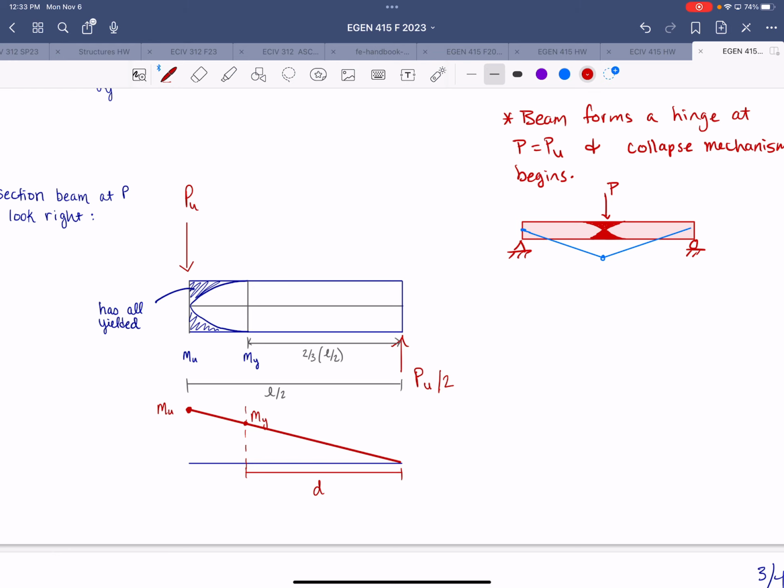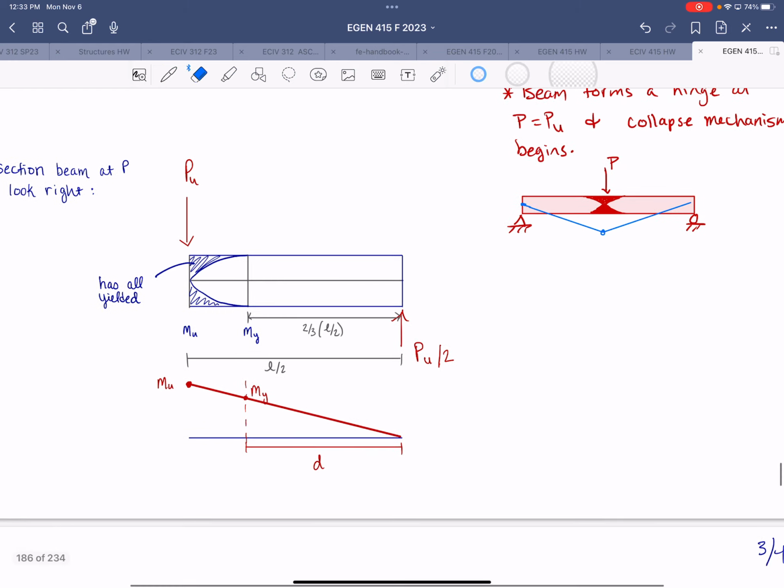So that's just done using geometry. We know that we have the ultimate moment at this point. And then at the point that we're trying to find, it's where the onset of yield has just occurred. So that's where you have My, and that's where you have Mu.